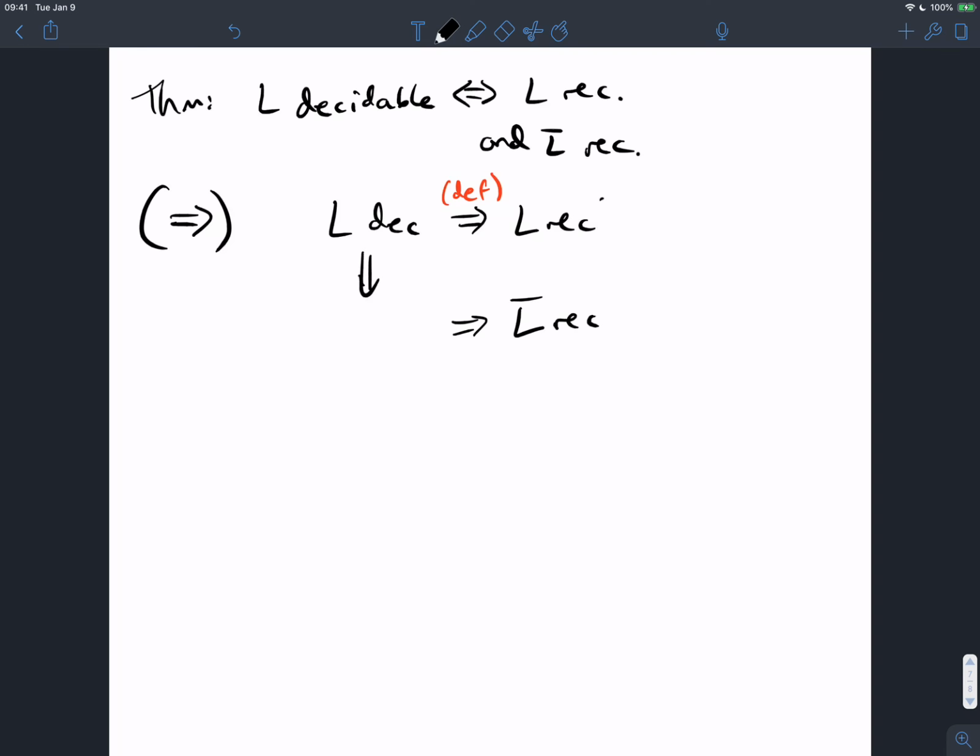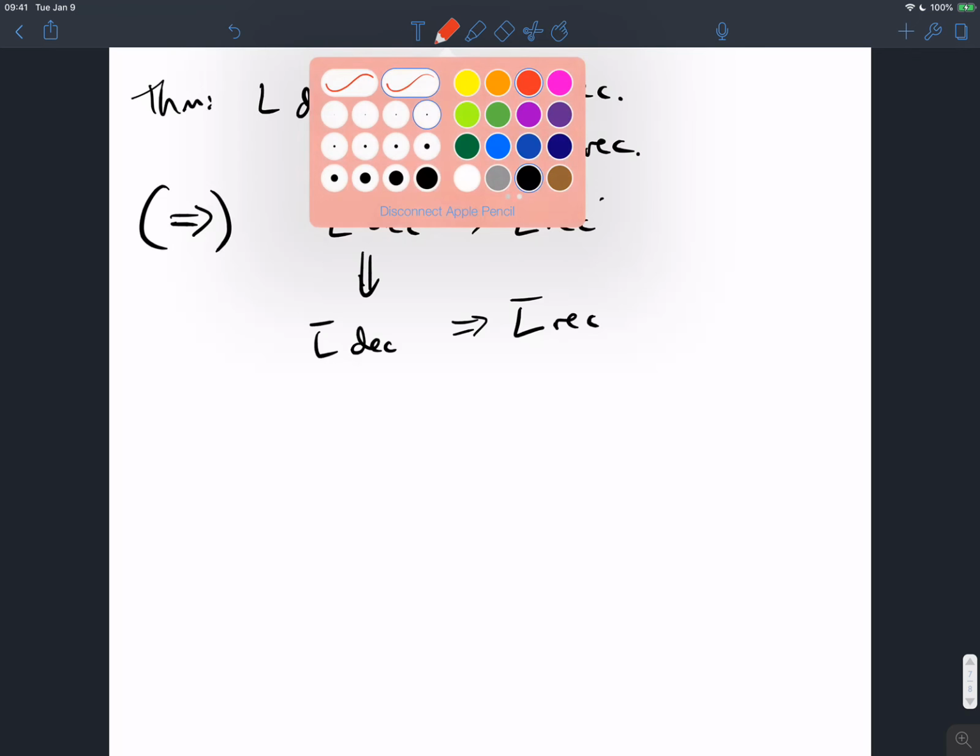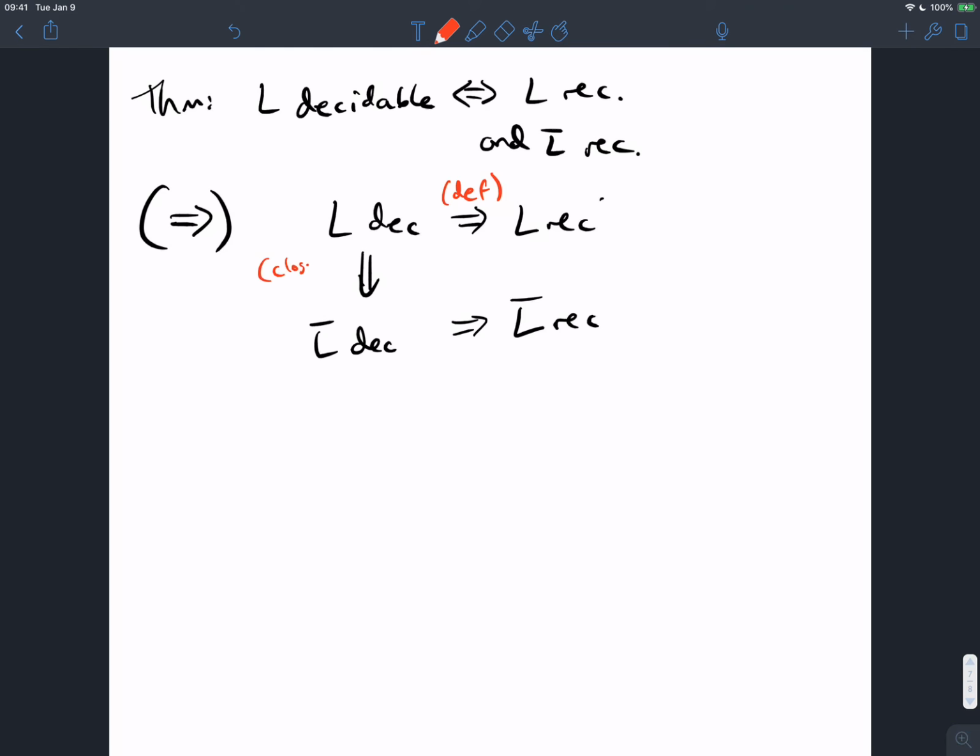If L is decidable, is L bar decidable? Yeah, why is that true? We just showed that decidable languages are closed under complement. Good. So this is closure under complement.